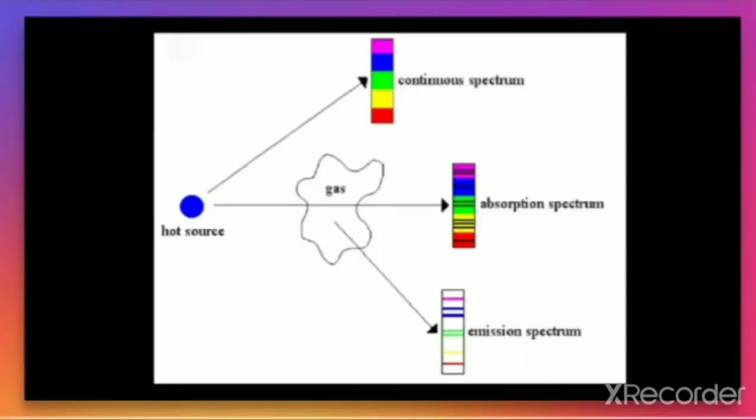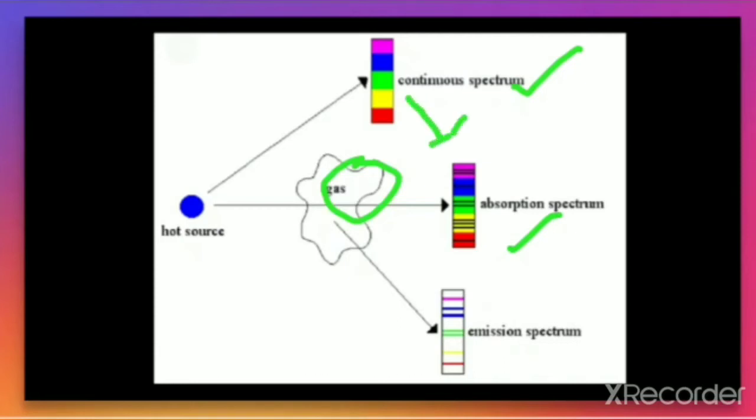Let us find the difference between continuous spectrum, absorption spectrum and emission spectrum, which are given together in this figure. In this, it is observed that when light is passed through a prism, it gives a continuous spectrum. But when the same light is made to pass through a gas, and the transmitted radiation is made to pass through a prism, it gives a spectrum called an absorption spectrum.